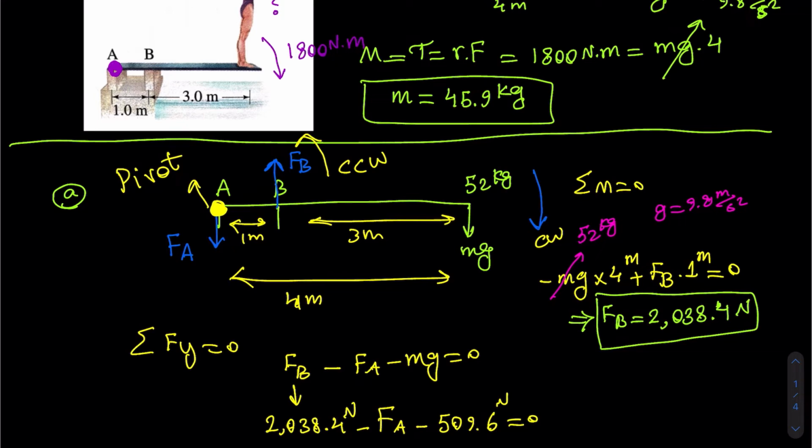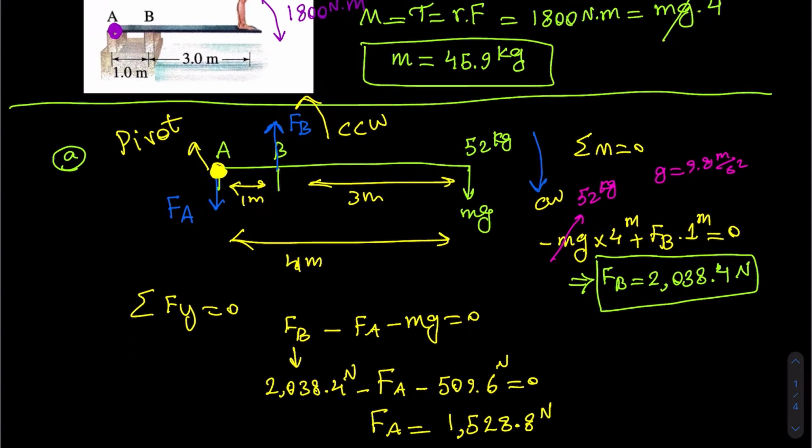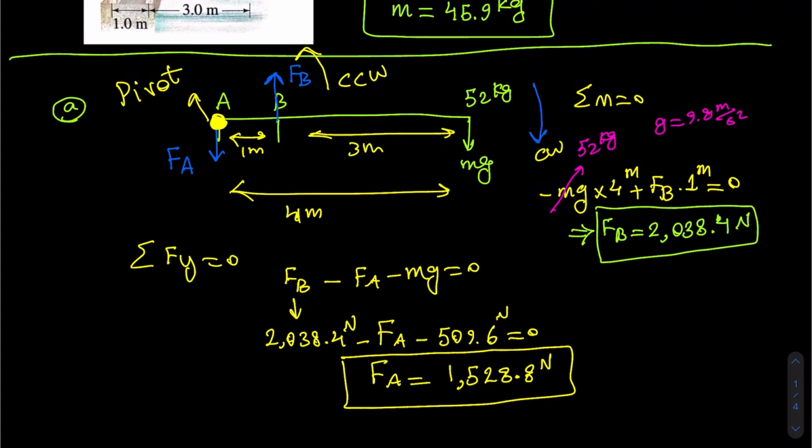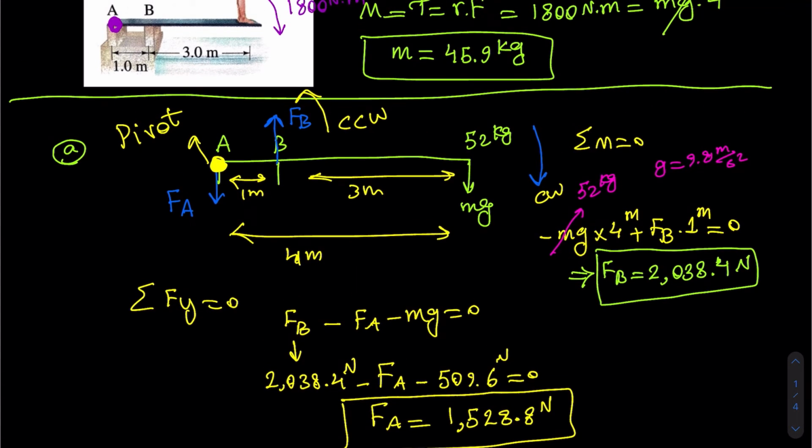And then we will get the answer. FA is equal to 1528.8 newtons. So this is the value of FA, which acts from the support A to the board.